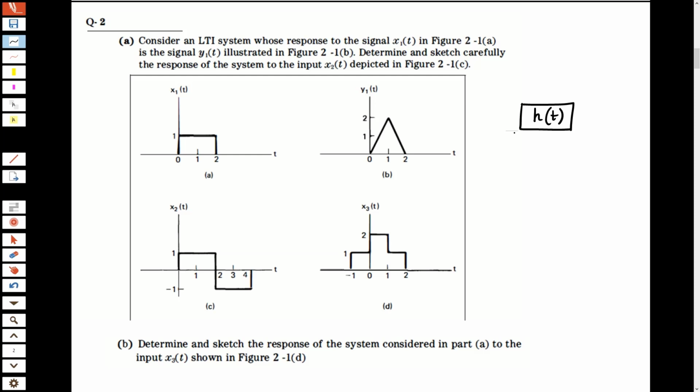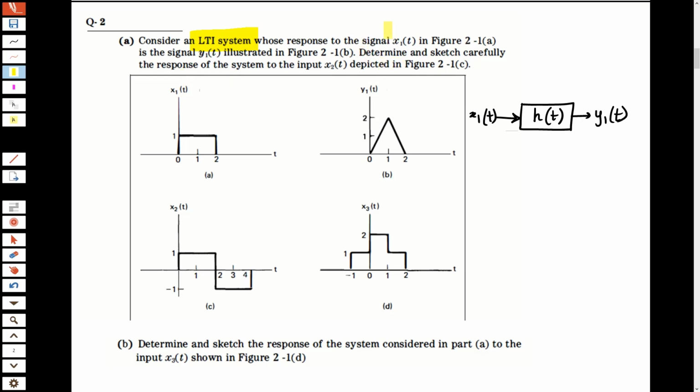What is given in the question is that if x1t is the input to this system, the output is y1t. This is what is x1t and this is what is y1t. It is also very important to note that the question says that it is an LTI system. Why this is important, we'll see shortly.